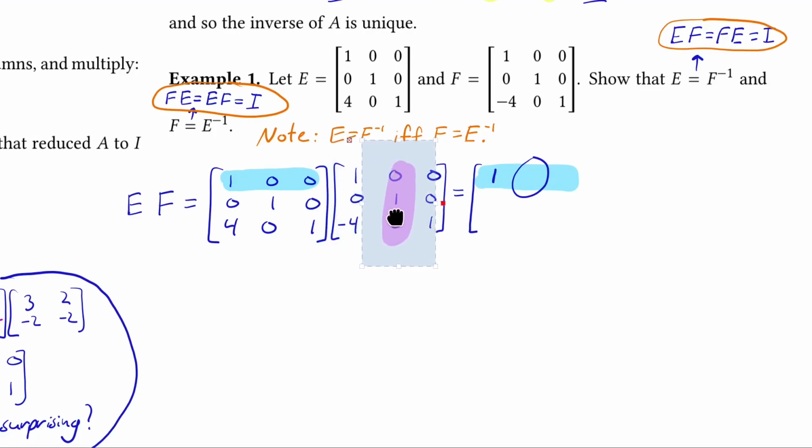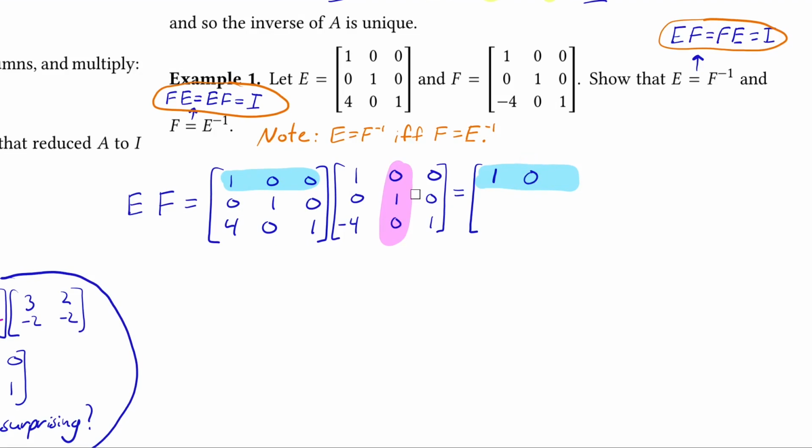In row 1, column 2, this 1 gets multiplied by the 0, and this other 1 over here gets multiplied by this 0. So when the rows and columns don't line up, like row number 1 and column number 2, and we're talking about identity matrix columns, you're always going to get 0 here.